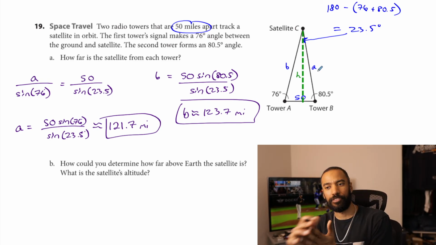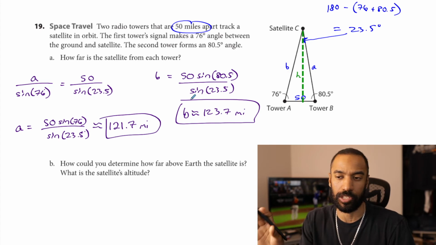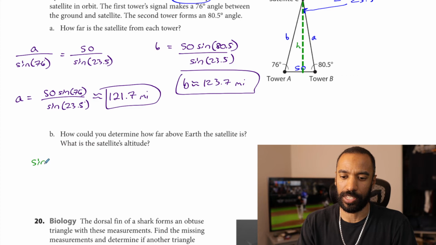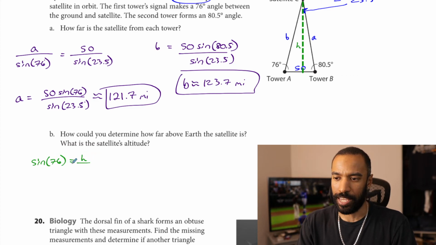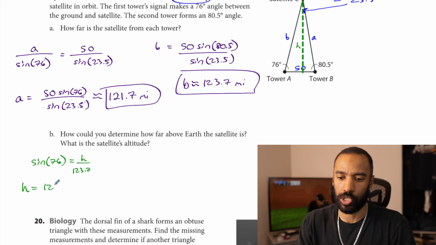We're going to have to use one of these rounded values to do it. Either way, we should get the exact same answer whichever one you use. So I could say the sine of 76 equals h over b. b is 123.7, so h is 123.7 times the sine of 76.